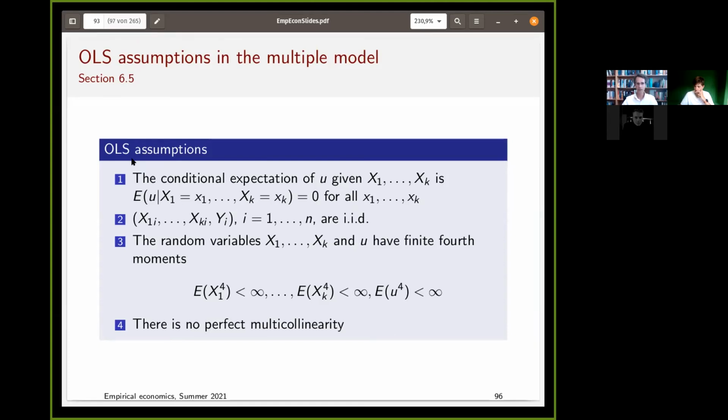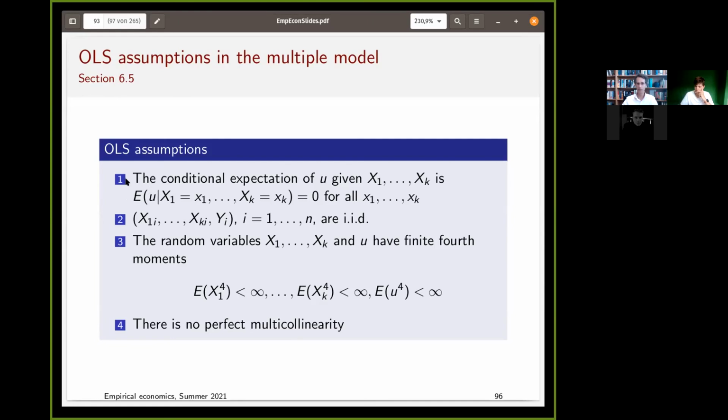So the first OLS assumption, which used to tell us that the expected error term is 0, no matter which value the regressor has, is generalized now to the statement that the expected error term is 0, no matter which values all these regressors take on. Okay? So for all values of the regressors, the expected value of the error term must be 0.